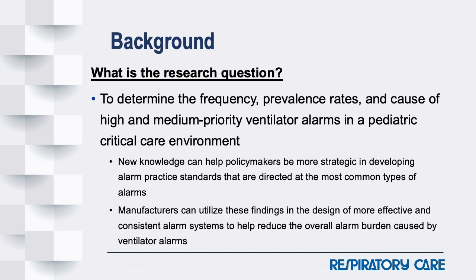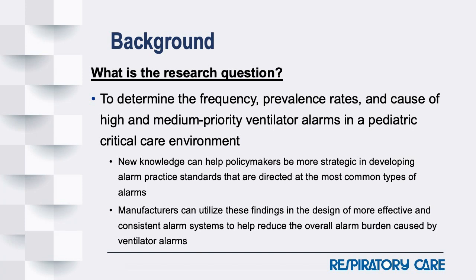The research question is to determine, pretty much as the title says, the frequency, prevalence rates, and the cause of both high and medium ventilator alarms in a pediatric critical care environment. I believe they also hope that this study will generate new knowledge, so that policymakers would be able to develop alarm practice standards.